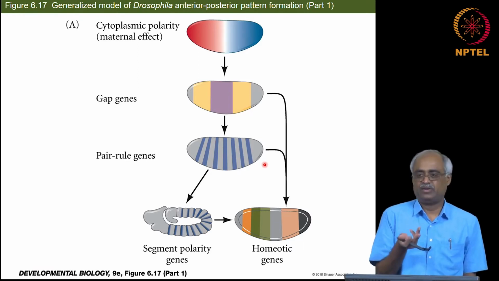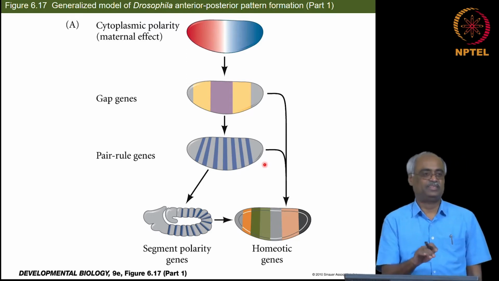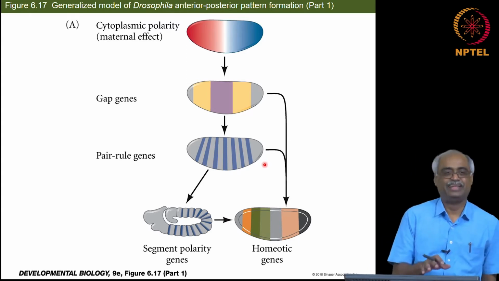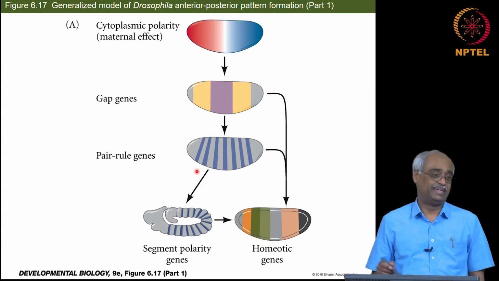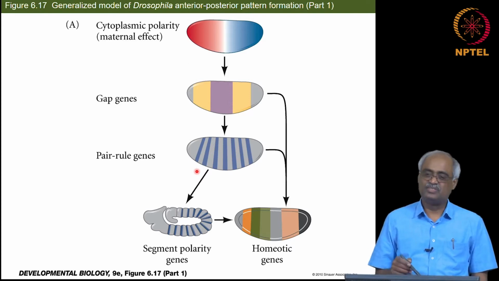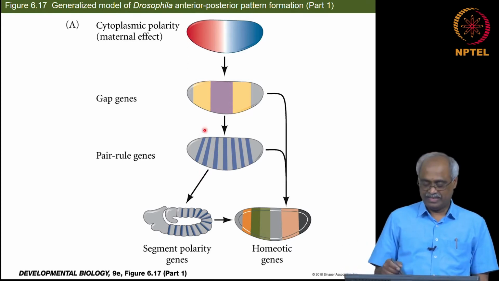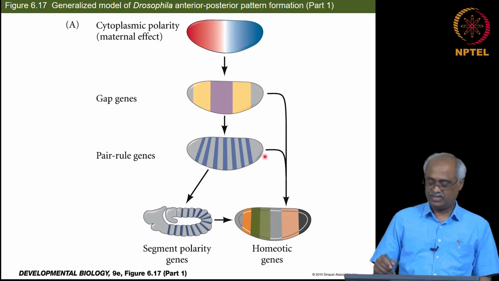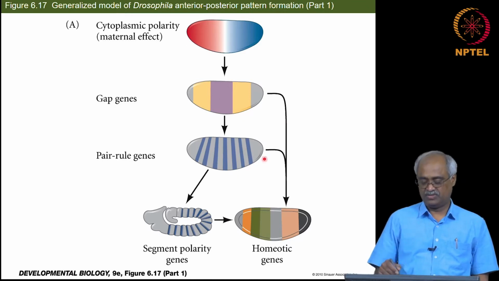Our body is not like that. Some organisms have segments in their body, and this makes actually 14 segments. These pair rule genes affect alternate segments. Their expression pattern forms these very precise stripes. So, you see from this sort of a gradient, now you have gone to this pattern.